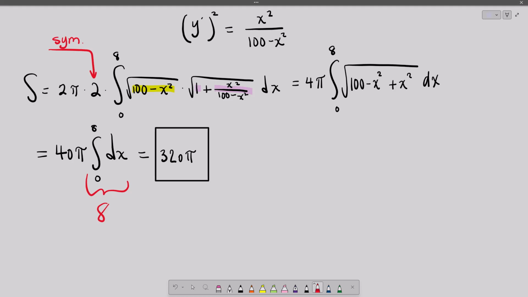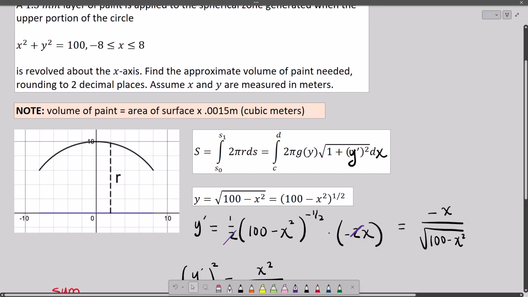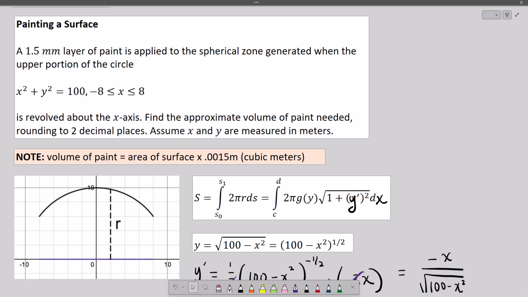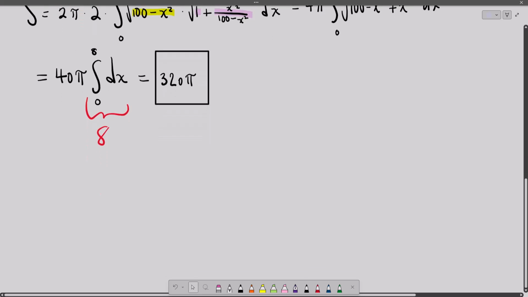Now this had a contrived application here. It said, okay, we revolve around, we find the surface area, and they wanted to know what the volume of paint is, rounding to 2 decimal places. So we're going to take our surface area, multiply it by 0.0015, and then approximate it.